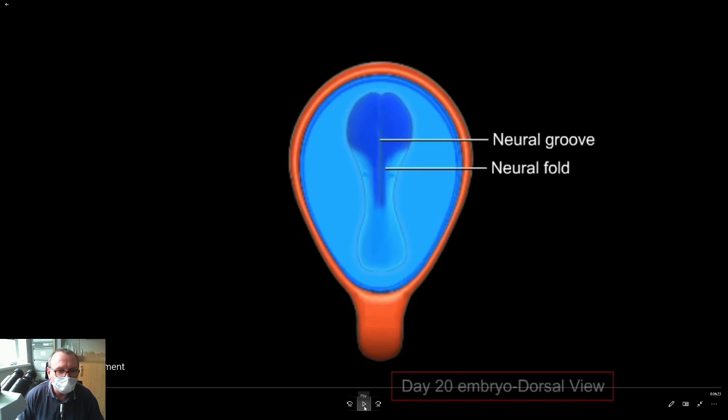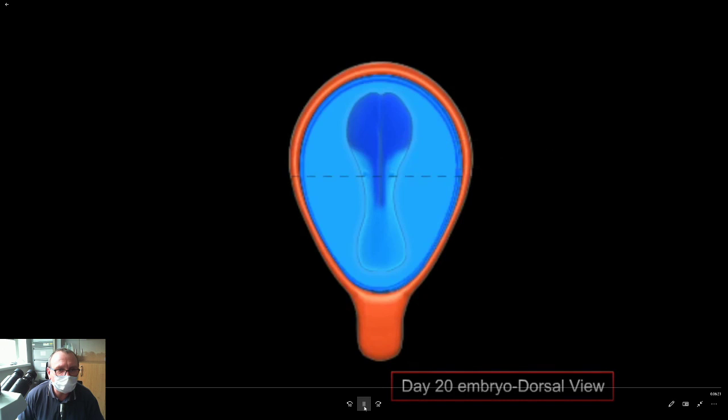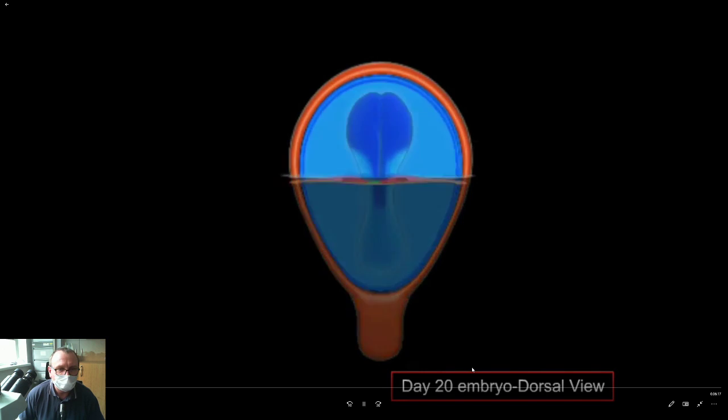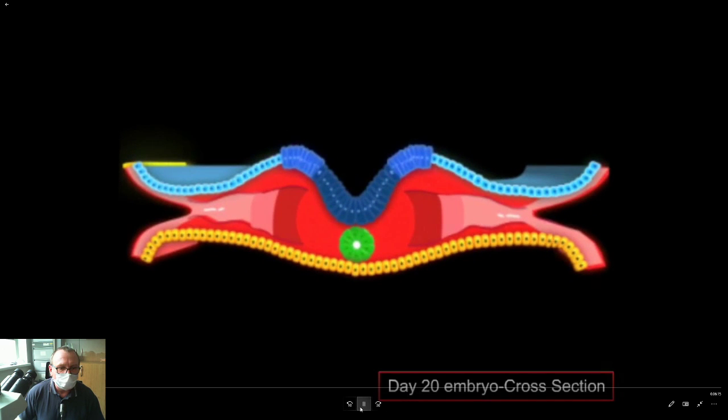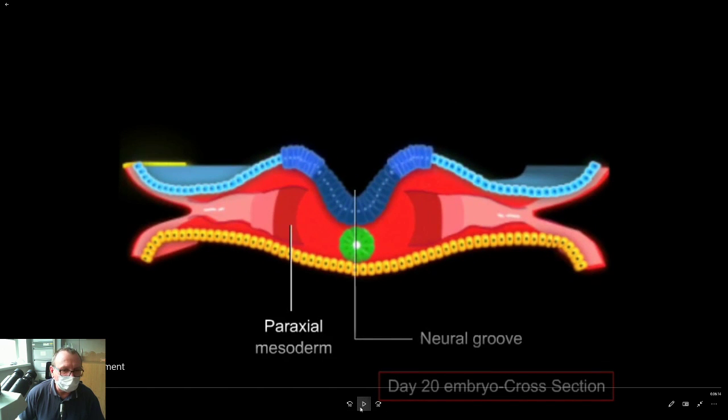So I'll go on, and we will see a cross section through the trilaminar germ disc. You can see that this trilaminar germ disc has ectoderm upstairs, endoderm down. Ectoderm is developing neural tissue, neural groove, and neural crest here.